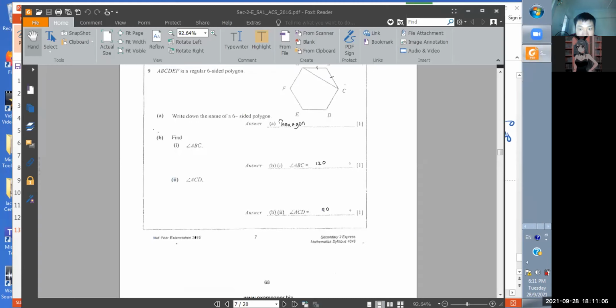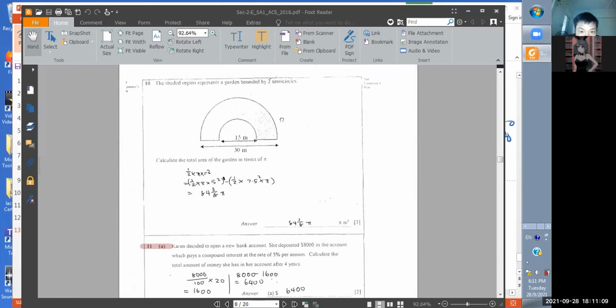Next question. Any problem here? Question 10. Total area of the garden. Use this minus half, then minus the half times pi r square, half times pi r square.